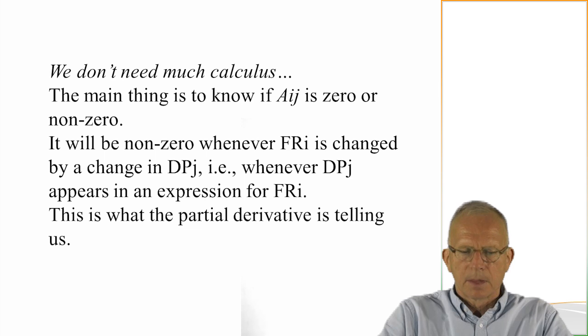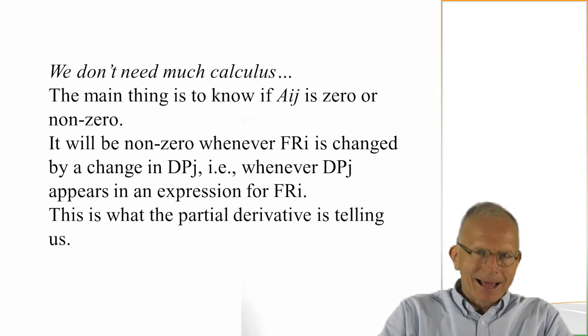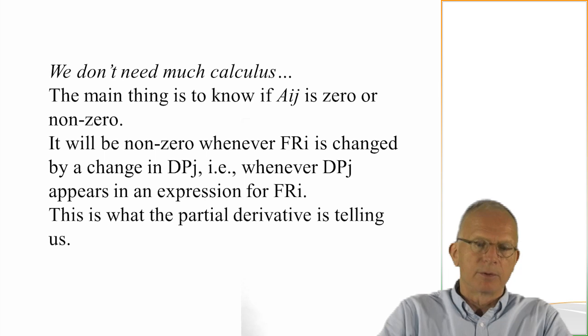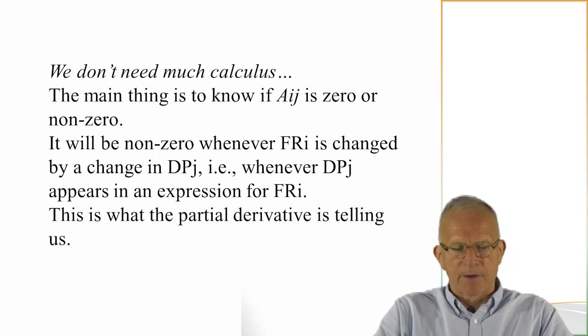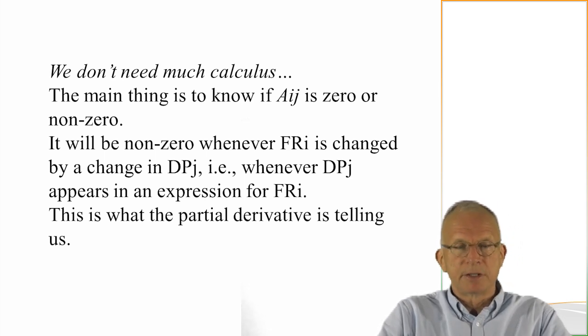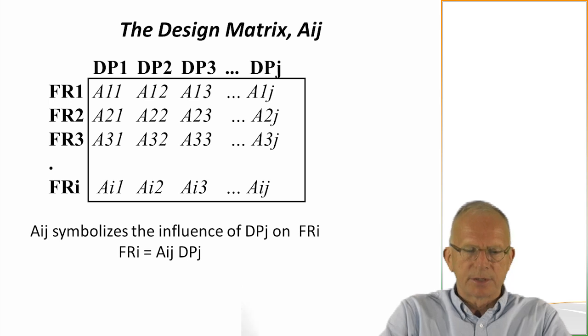Whenever a particular FR is changed by a particular DP, that's an indication that that element of the A matrix is non-zero, and it will appear in an expression for that FR. And that's what the partial derivative is telling us. If the partial derivative is 0, that means that the FR doesn't change when that particular DP changes.